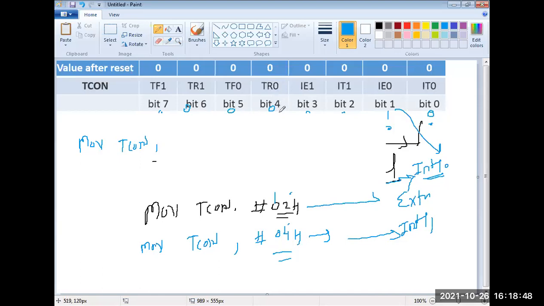I want to make this timer 1. This will be set high. So what will this value be? 0, 1. So it will be 1. So #1. And by default this will be set to 0.